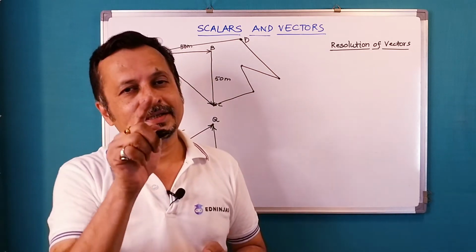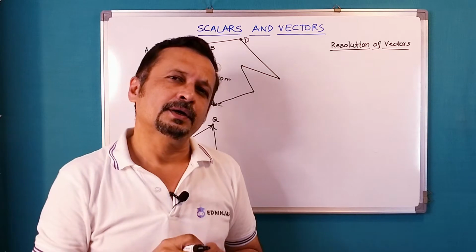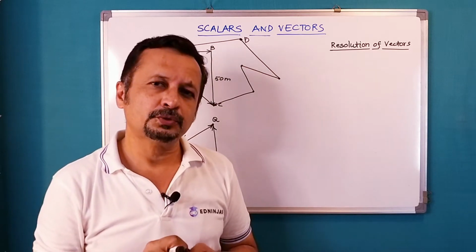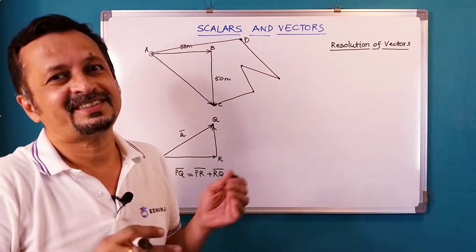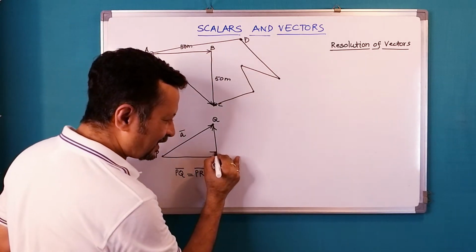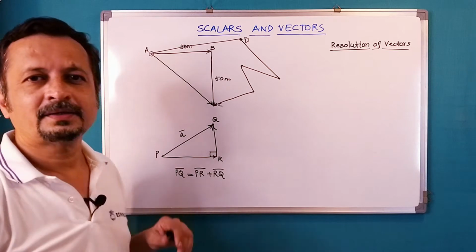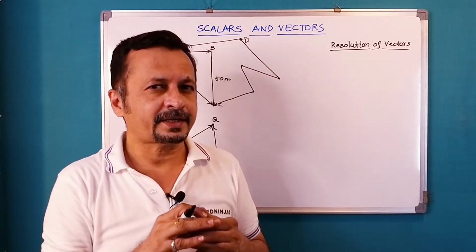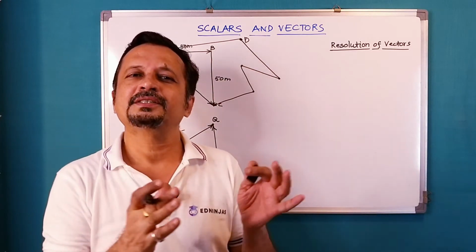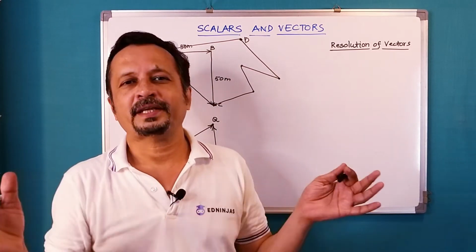And that is why we resolve vectors into rectangular components. Now when I say rectangular components, what does it mean? Here this angle is 90 degree. For resolving vectors in these rectangular components, you must have some set of coordinate axes.